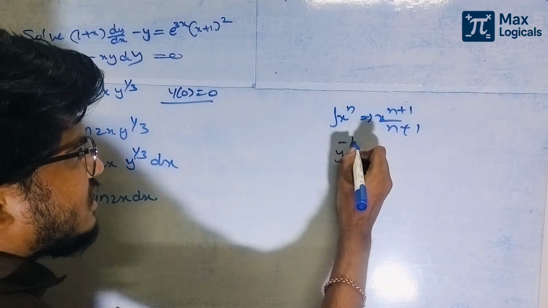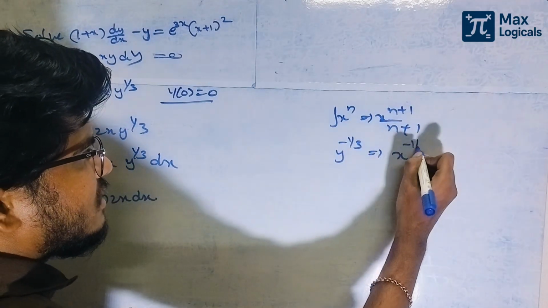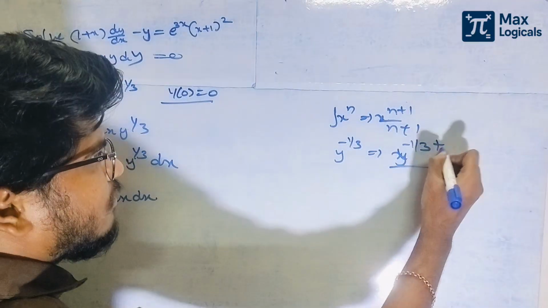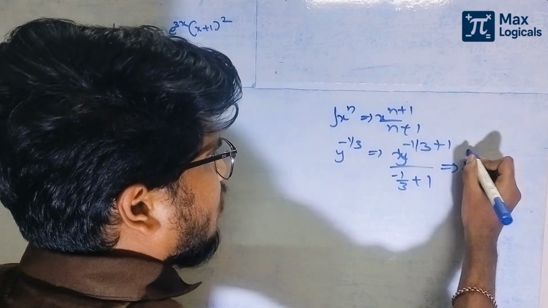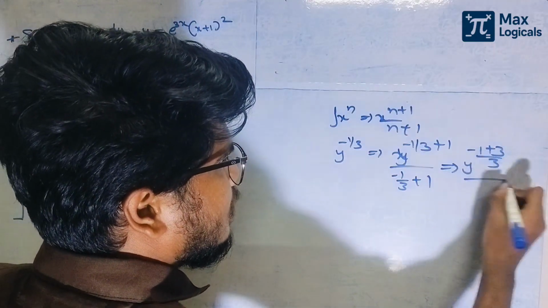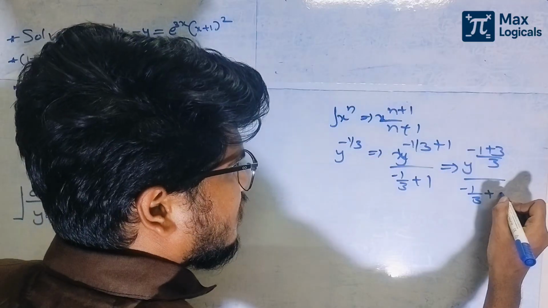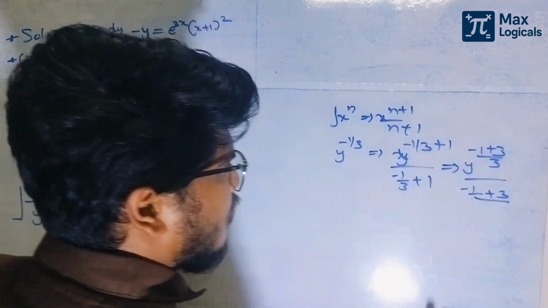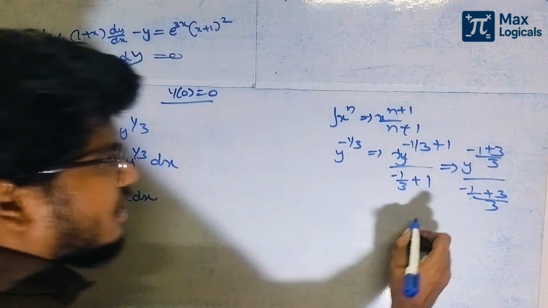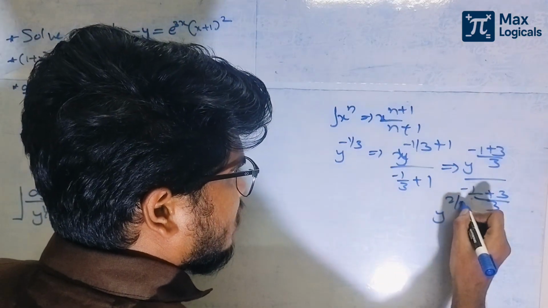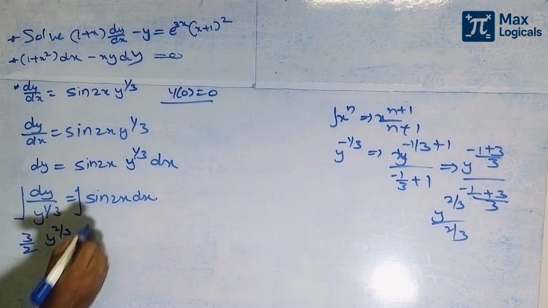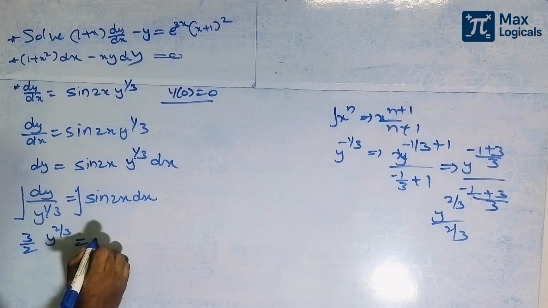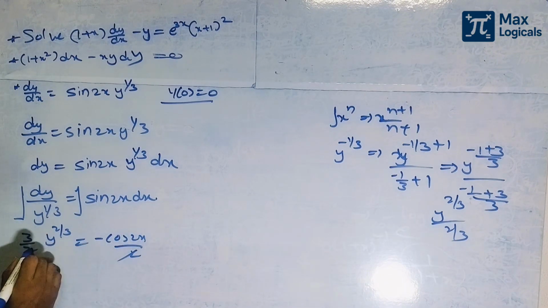So y power minus 1 by 3 plus 1 by minus 1 by 3 plus 1, that equals y power (minus 1 plus 3) by 3 by (minus 1 plus 3) by 3, that equals y power 2 by 3 by 2 by 3, which is 3 by 2 y power 2 by 3. The integration of sin 2x is minus cos 2x by 2. Here the 2s cancel.